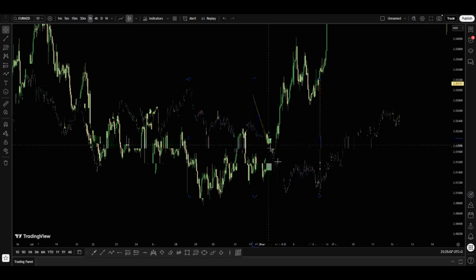Let me highlight it all the way to here. Okay guys, that's where we saw that now we're creating a bullish reversal.